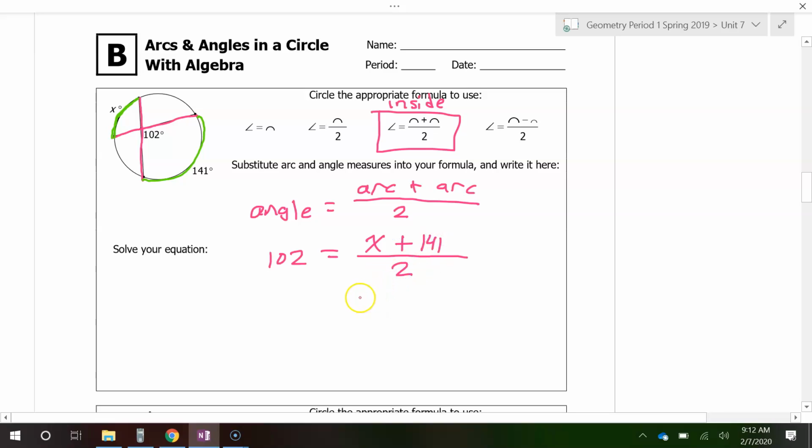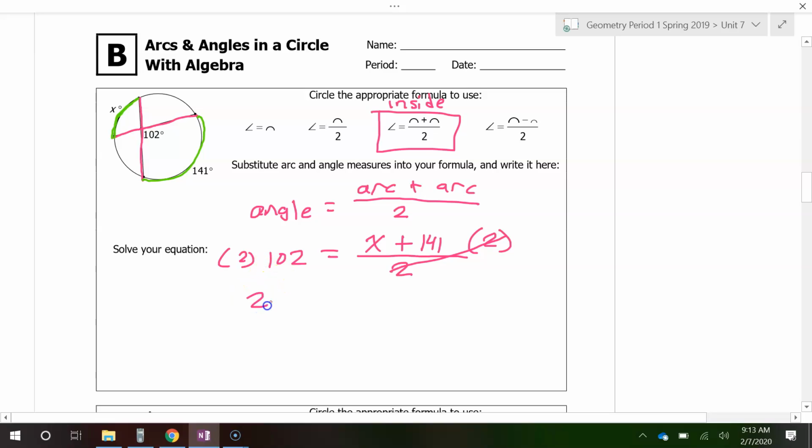Now, how do I solve an equation like this? What's my next move? When I have a denominator like this, what you want to do is multiply by the 2 on both sides. That way those 2's will cancel each other out.